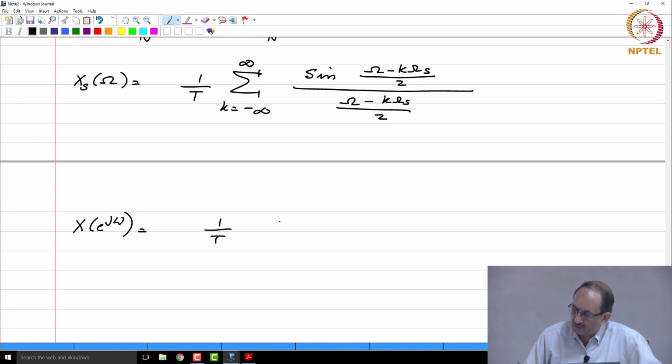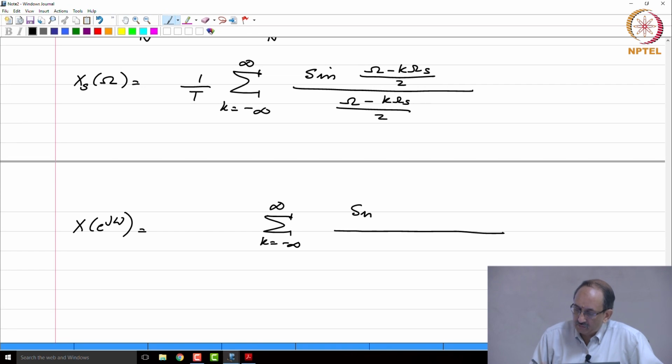So, this is now 1 over T. Let me take care of the 1 over T factor slightly differently. Wherever Ω is there, I am going to replace it by ωFs minus kΩs/2, and let me multiply T here.